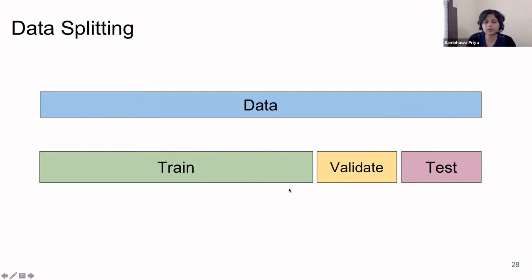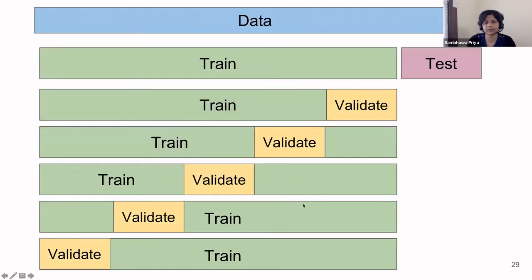Most of the times we don't have enough samples to do these 3 splits, so what we resort to is cross validation. With lesser data, we split the data into training and test, and then we split the training data into train and validate sets to simulate validation. This is what you see here, cross validation. You split the training data into a certain number of folds, let's say 5 folds.